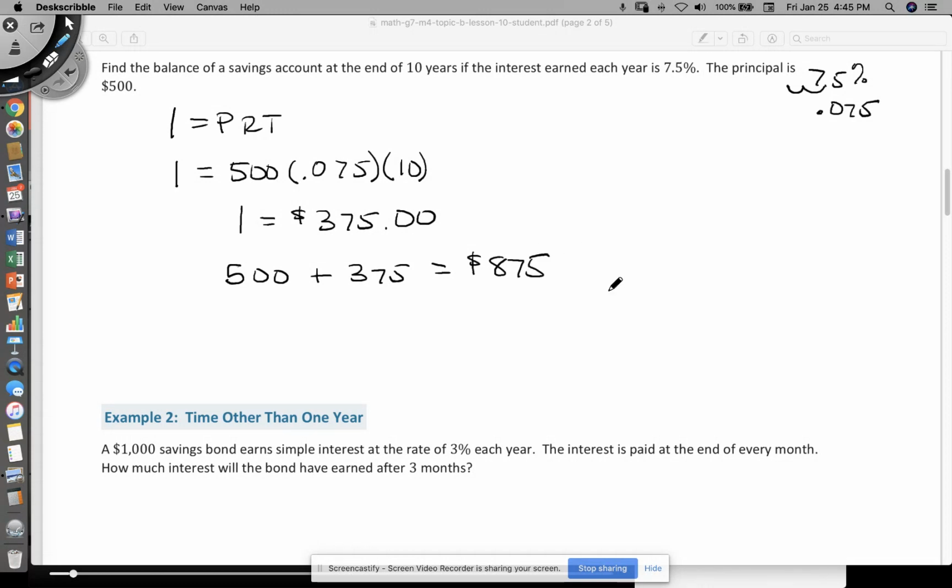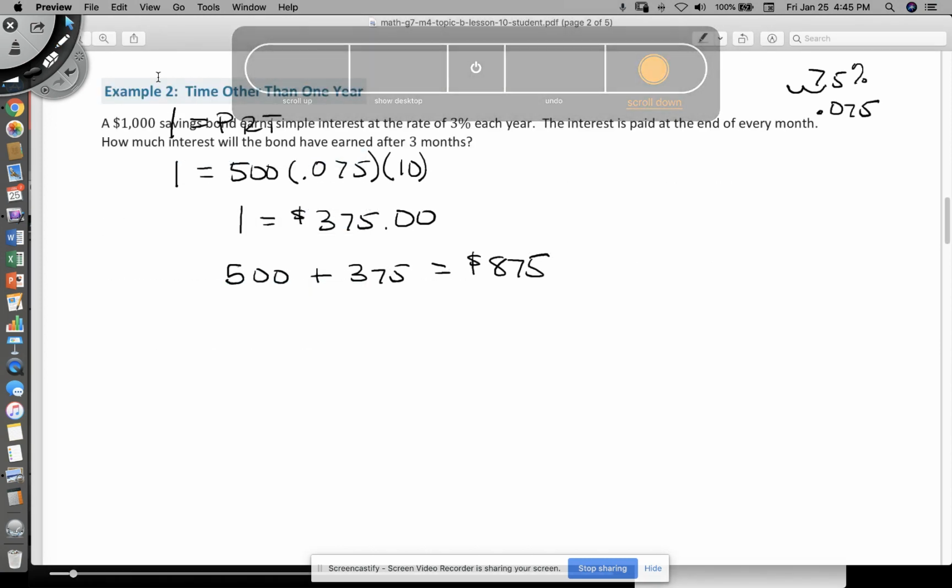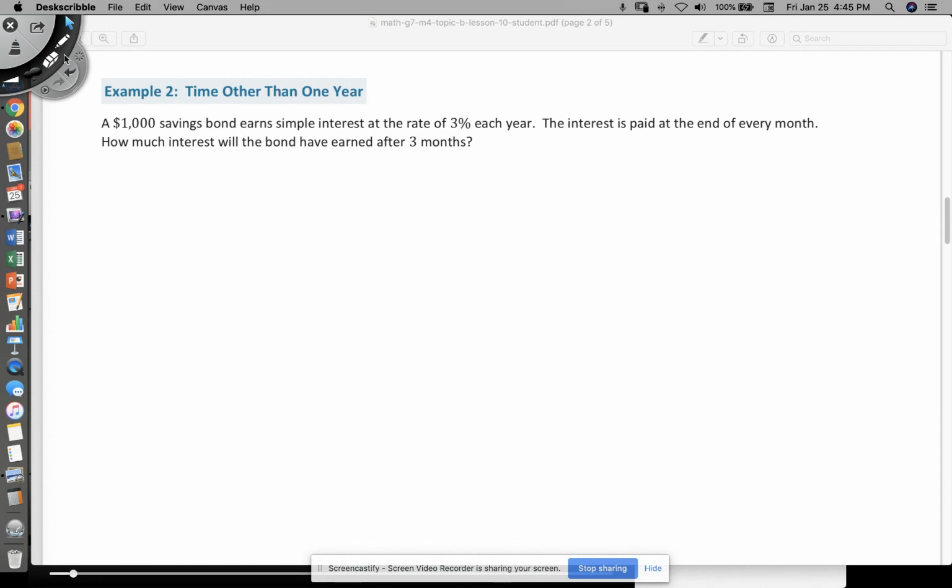All right, let's try example 2. A $1,000 savings bond earns a simple interest rate of 3% each year. The interest is paid at the end of every month. How much interest will the bond have earned in 3 months?